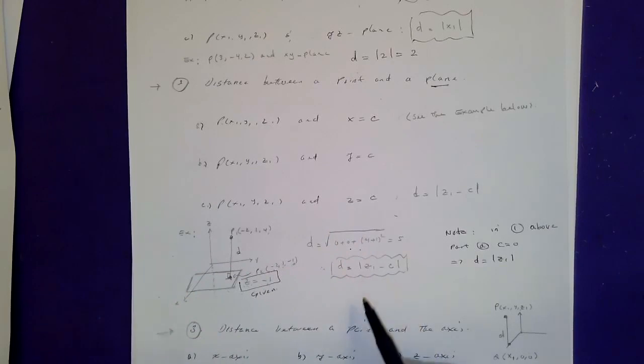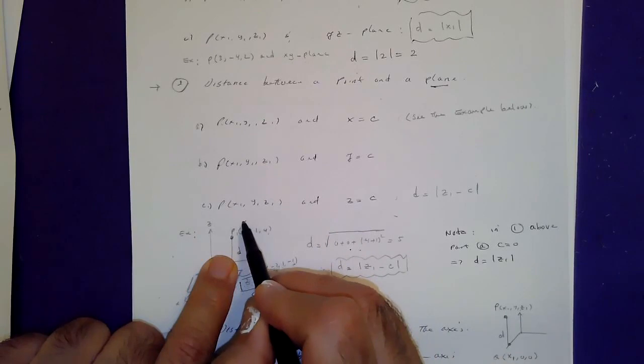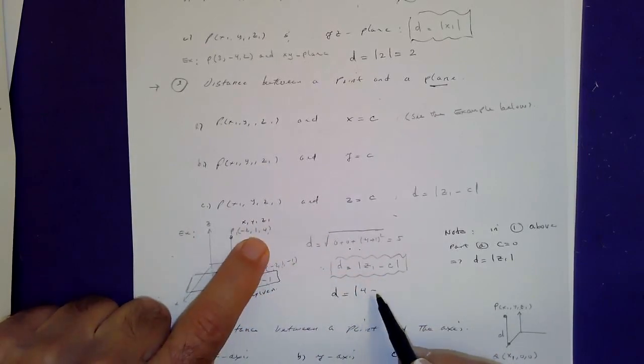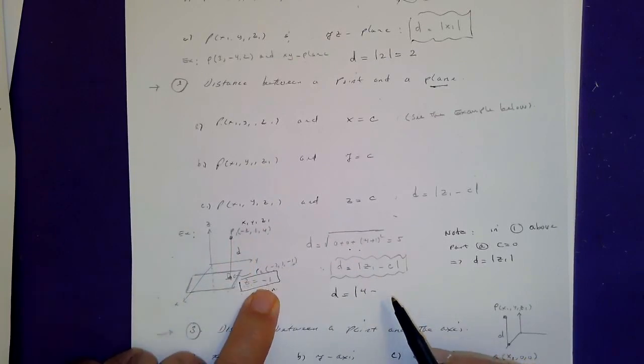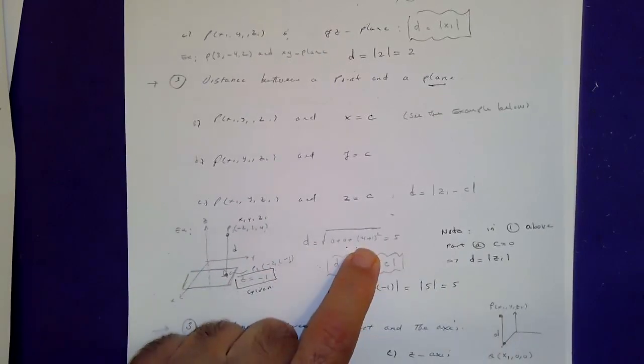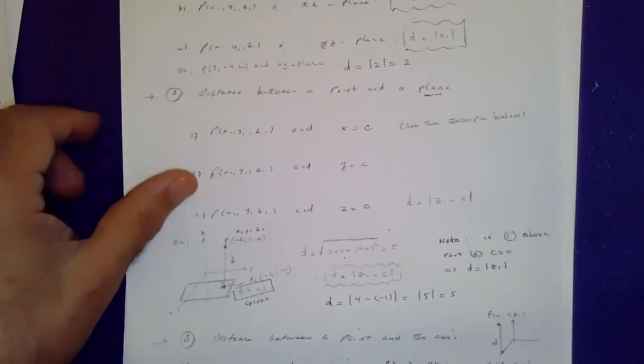So in this case, D would be the absolute value of, remember, this is X1, Y1, Z1, it would be 4 minus, what was the equation of the plane? -1. So that will be the absolute value of 5, which is 5, which we also got as the answer, if you notice, by using the distance formula.